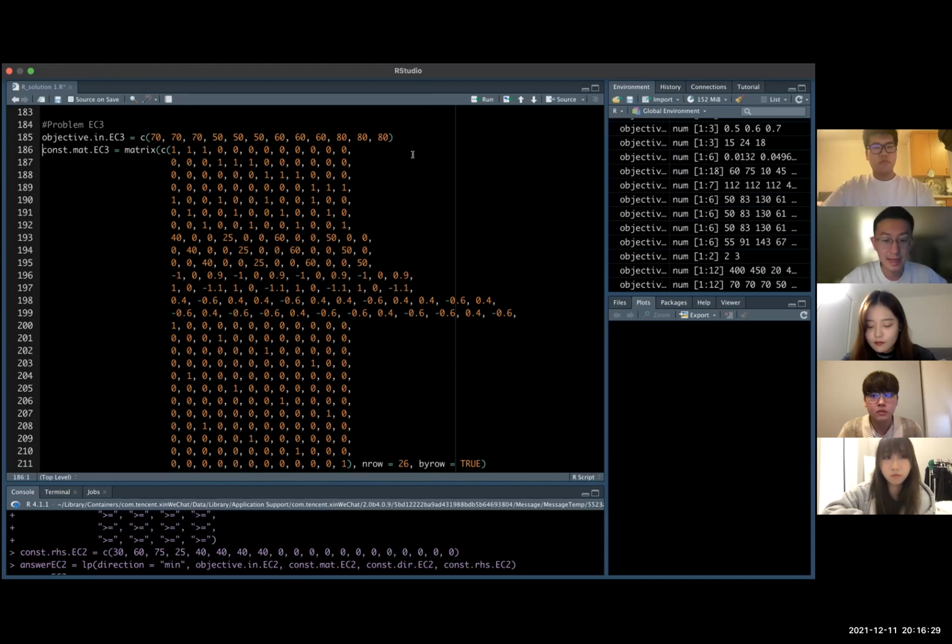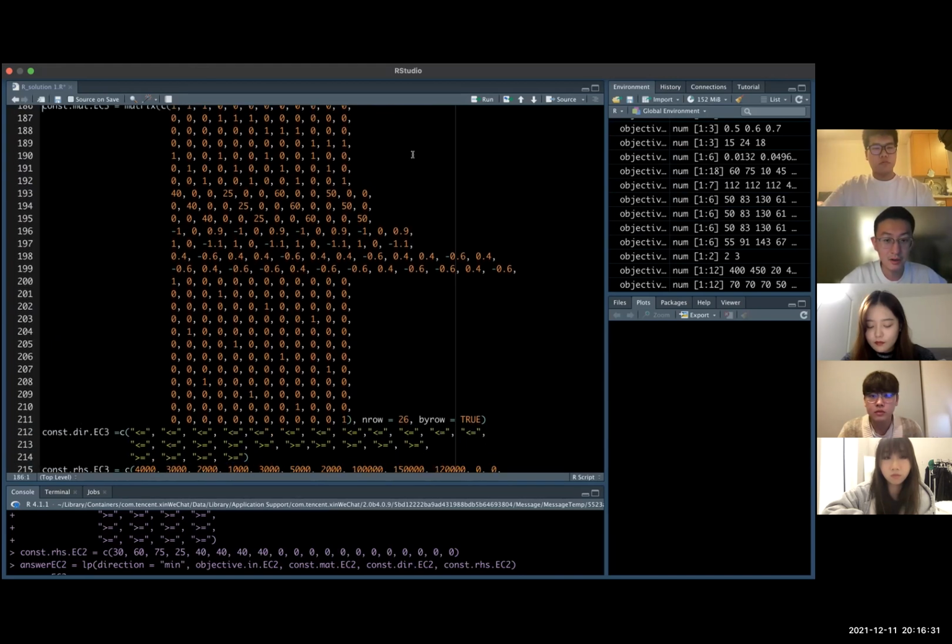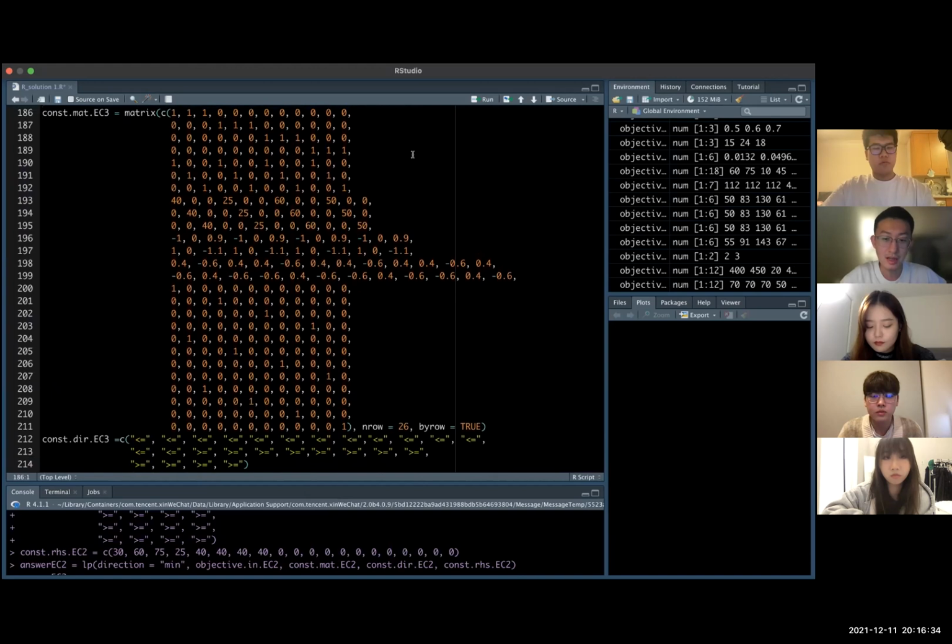And then we look at the weight of the commodity of the cargo hold. For the forward, for example, the weight capacity is 3,000. So we need to add all the commodities that are put in the forward cargo and sum it to be smaller or equal to 3,000. And similarly for center and rear cargoes.